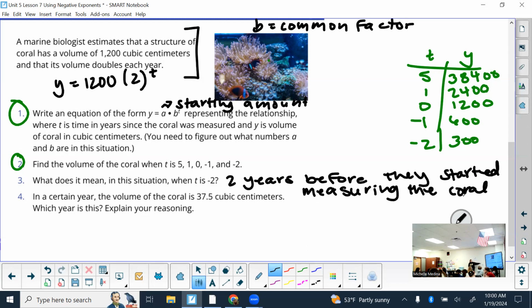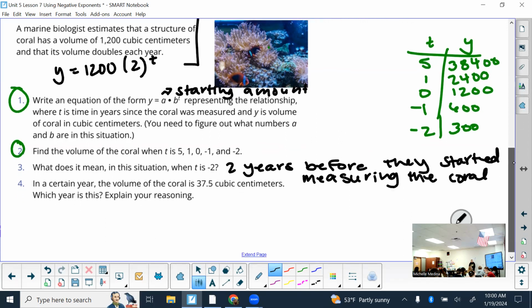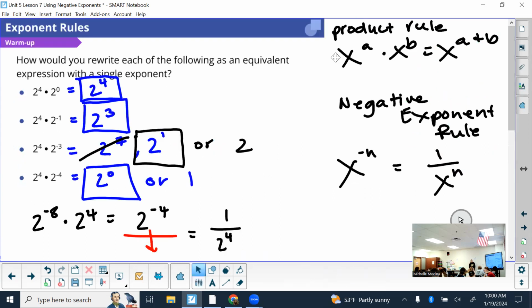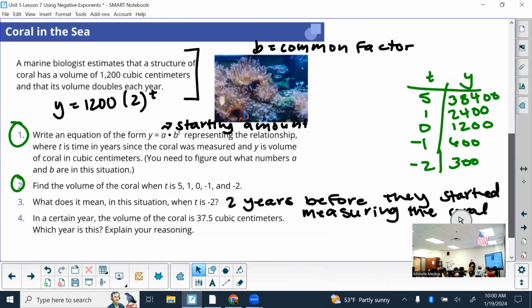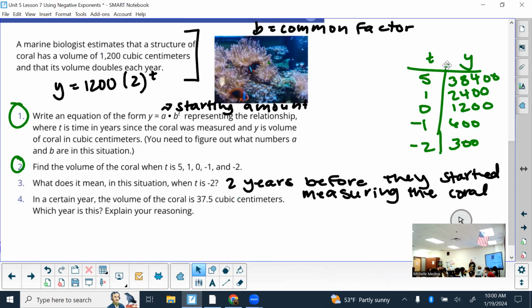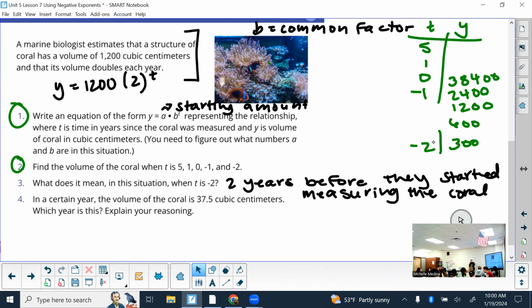Good. Table 4. Did you find the year that the volume is 37.5? So are we solving for the t or the y? Table 4.